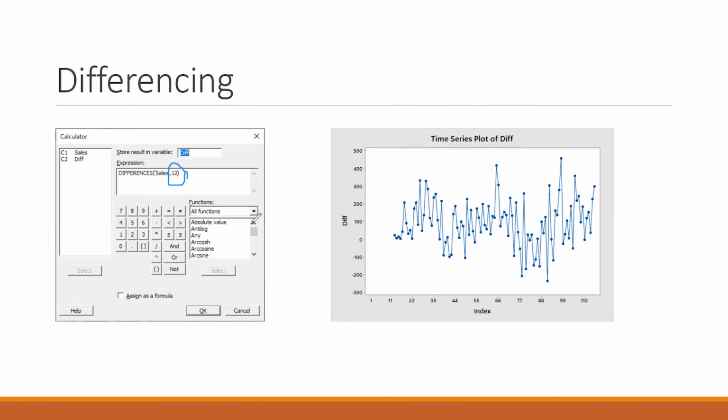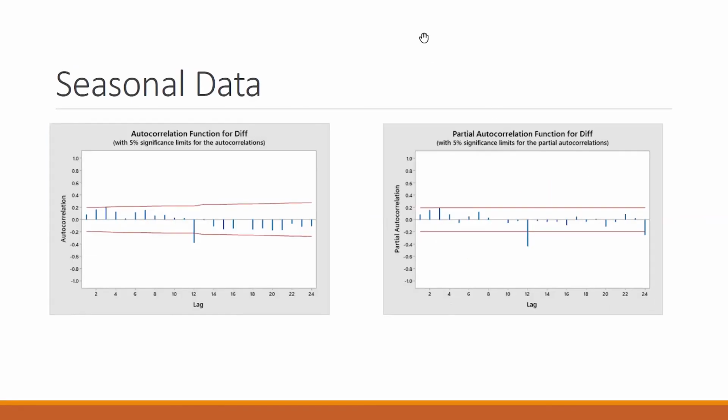All right, after taking the difference, we've got this new time series plot. It seems to be stationary so far. Now we are ready to examine the autocorrelation and the partial autocorrelation to determine the levels for the AR part and MA part. So here we've got both of the graphs, the ACF and the partial ACF.